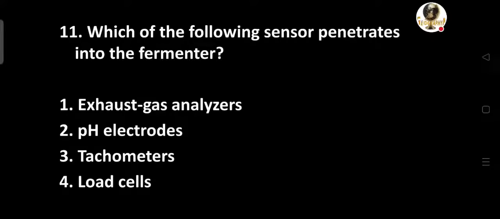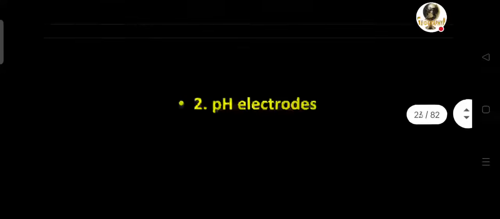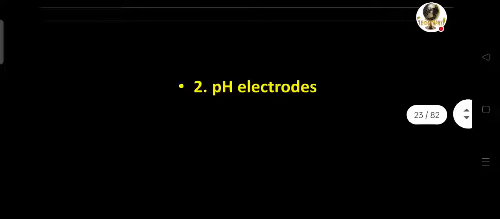The exhaust gas analyzer works on samples continuously withdrawn from the fermenter, and tachometers and load cells are sensors that do not come in contact with the fermentation broth or gases. So definitely the correct answer is pH electrodes.